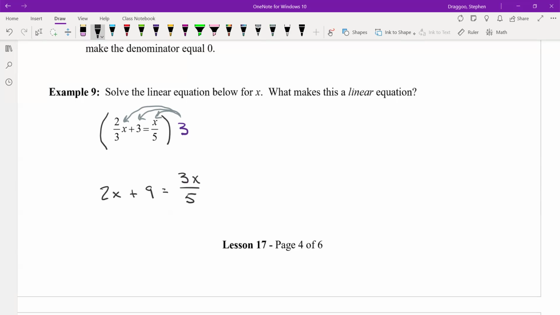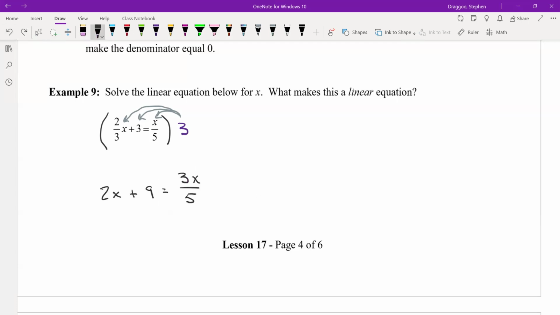So in the event that I'm unable to simplify things, like with the x over 5 times 3, I'll just call that 3x over 5. It also doesn't matter where I write that 3. I could also have put it out in front to have 3 times x over 5. These two ideas are the same. But I'm just going to keep it up here in the numerator for now.